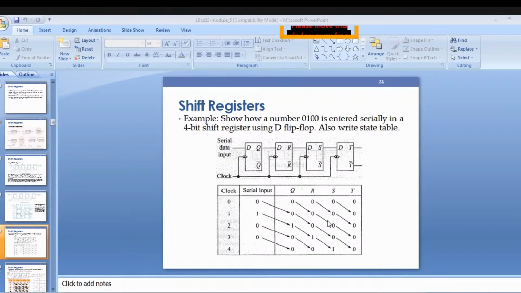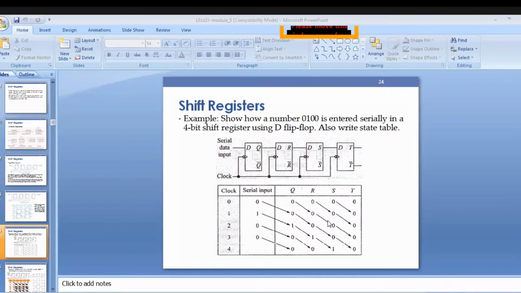Don't get confused, I will tell you here. Consider the serial data input is 0, then automatically the clock is disabled. That is nothing but the clock is not working, and you can consider that as 0. Keep it in your mind. When the serial data input is 1, the clock is enabled. Enabled is nothing but the clock is equal to 1. Clear?